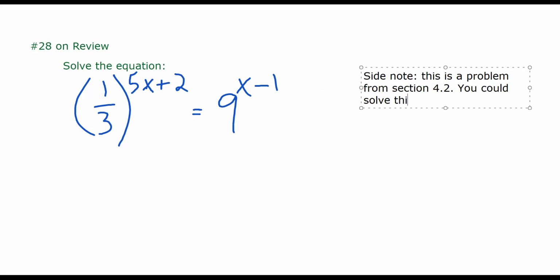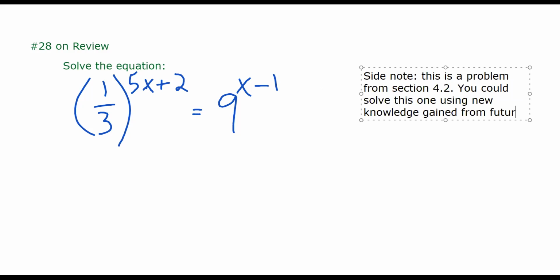You could solve this one using new knowledge gained from future sections involving logarithms. But we actually encountered this kind of problem before we encountered logarithms, meaning there's a way to solve it without using logarithms. And so I'm going to focus on that way because it's kind of a little bit more slick. It's kind of neat.